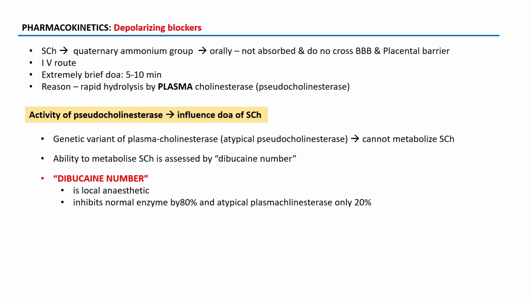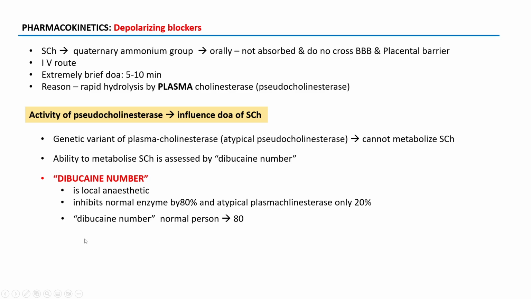First let us understand that Dibucaine is a local anesthetic. Dibucaine has the ability to inhibit the normal enzyme, that is, plasma cholinesterases will be inhibited up to 80%, and atypical plasma cholinesterases will be inhibited up to 20% normally.